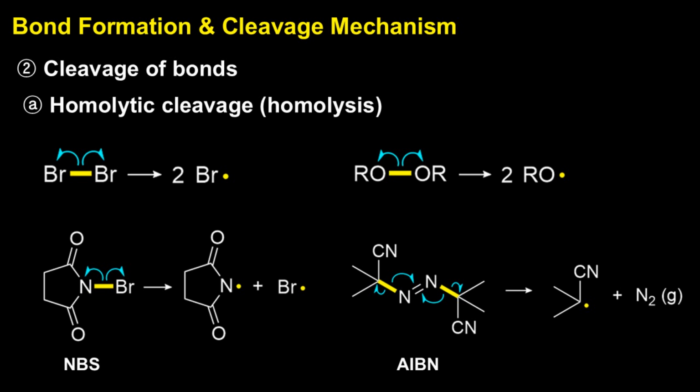That radical then jumps into allylic bromination reactions. You'll see something similar in nitrogen-based compounds like AIBN, azobisisobutyronitrile, where bond cleavage produces radicals, and nitrogen gas is released in the process. That loss of nitrogen is what helps drive the radical formation forward. Understanding how all this works is a big part of getting the hang of free radical chemistry.